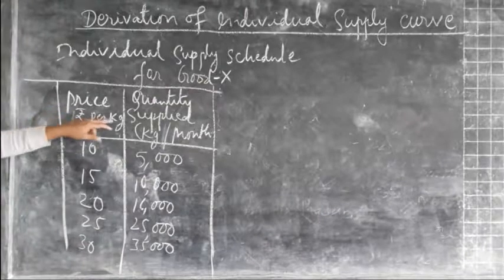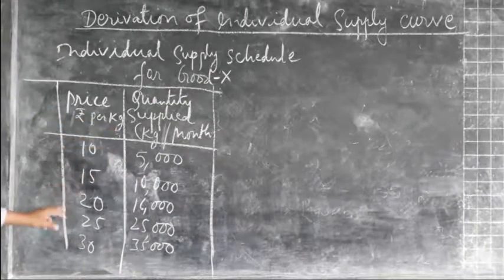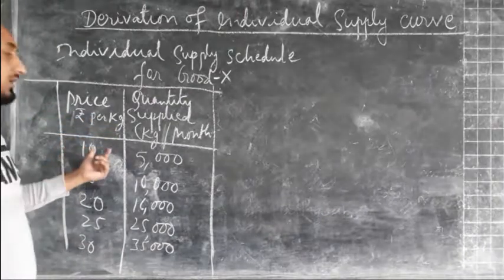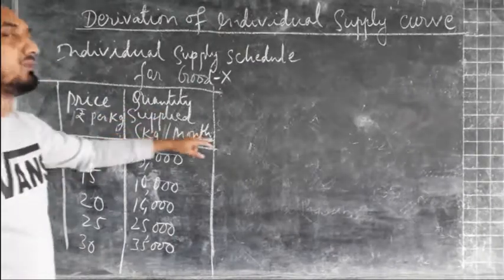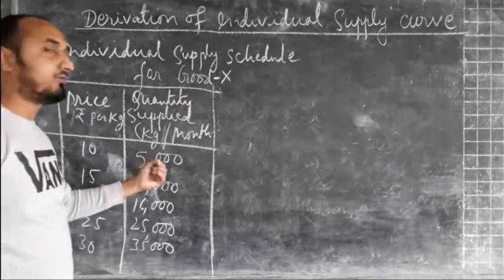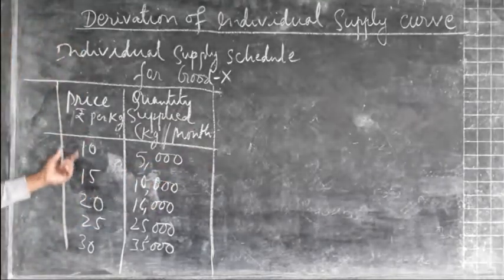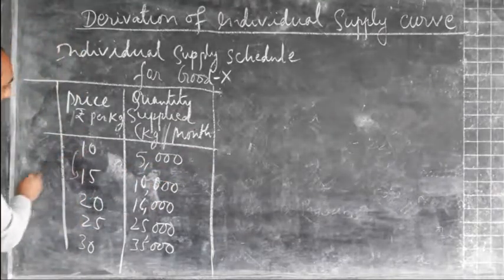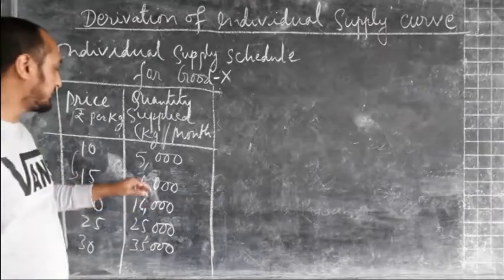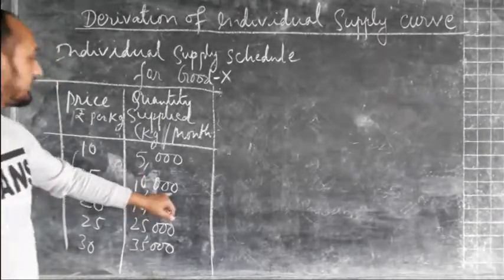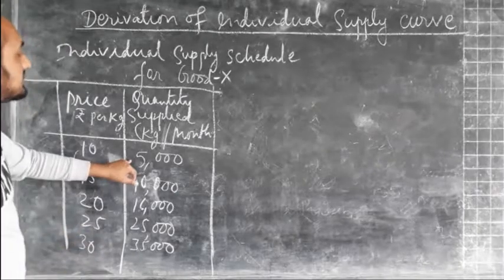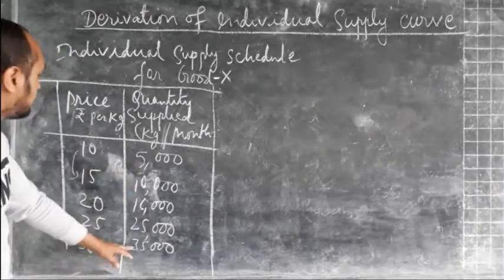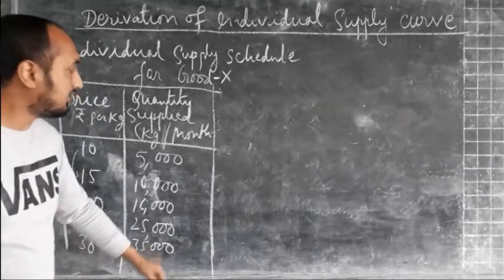Price per kg: when price of a commodity is rupees 10, the quantity supplied in kg per month in the market is, say, 5,000. When price increases from 10 to 15, the quantity supplied increases to, suppose, 10,000. And similarly, when price is 30, the quantity supplied increases to 35,000 kg per month.